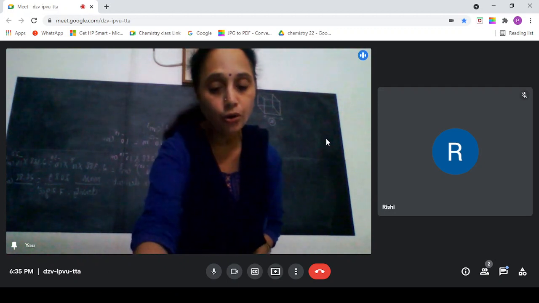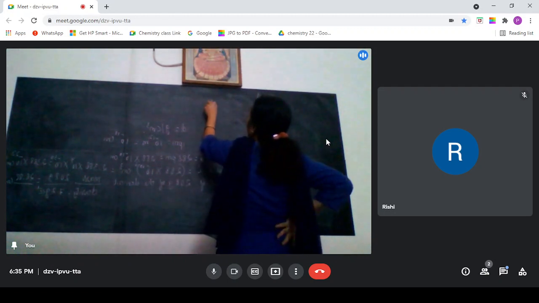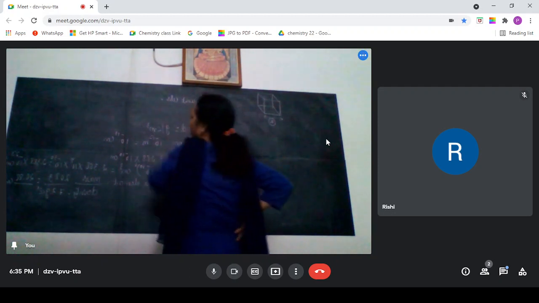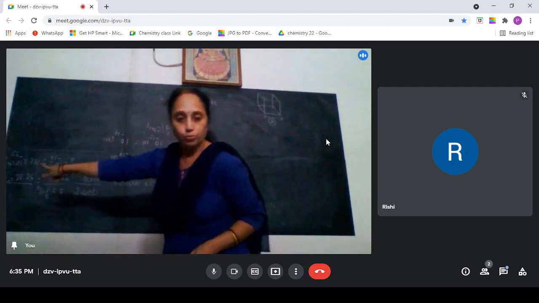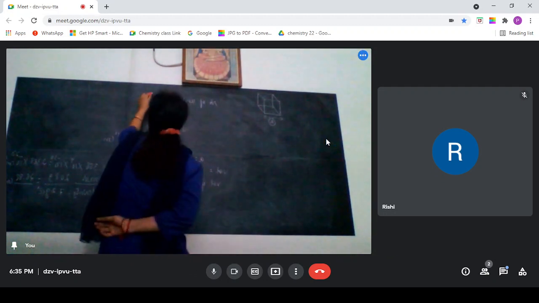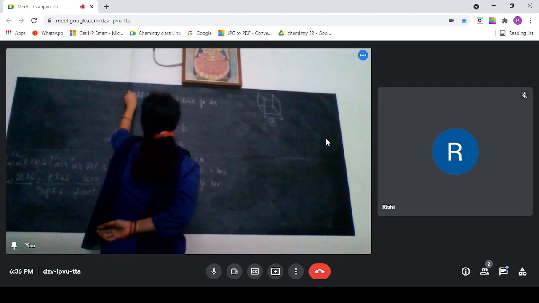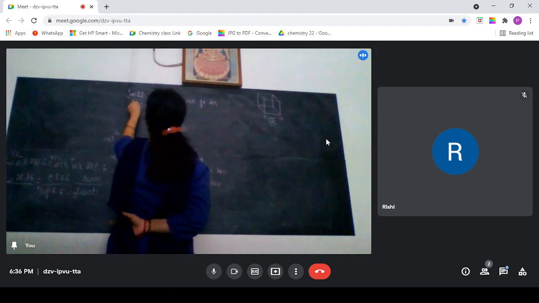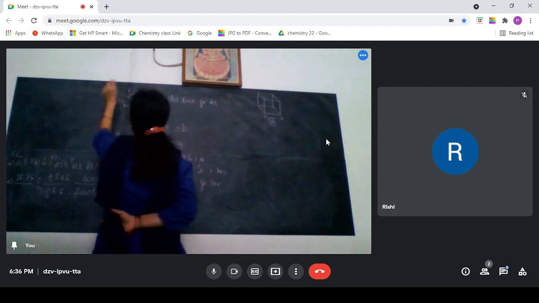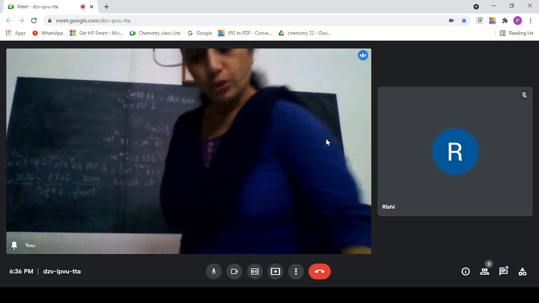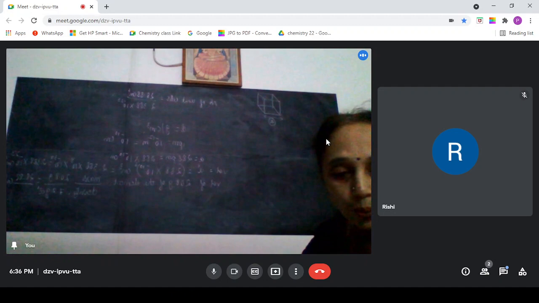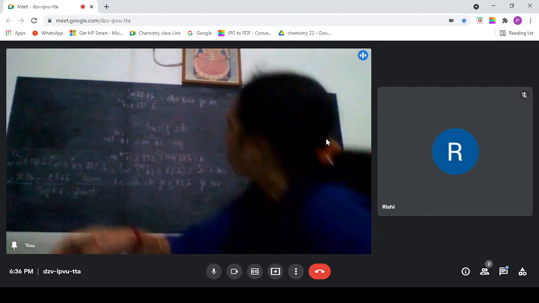So then what will you do? Number of unit cells in this volume will be the volume of so much divided by the volume of one cell, that is 2.388 into 10 to the power of minus 23. So this will be 12.09 into 10 to the power of 23.